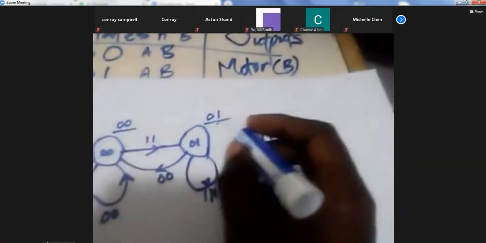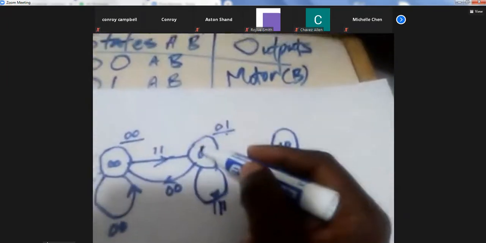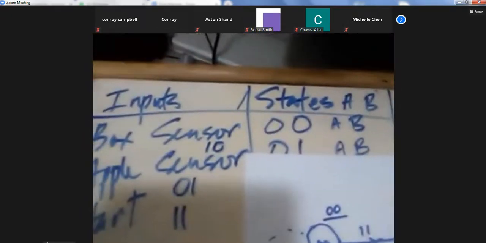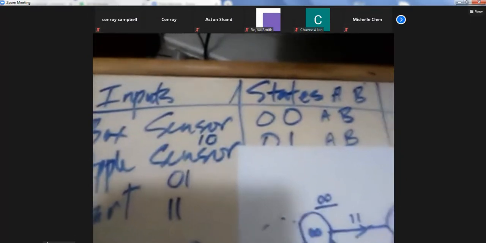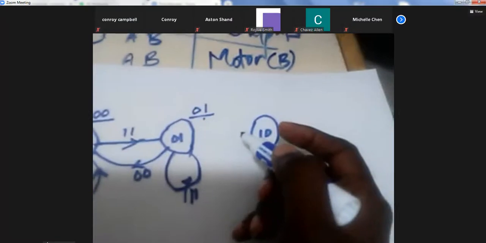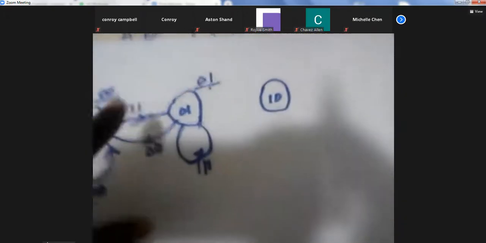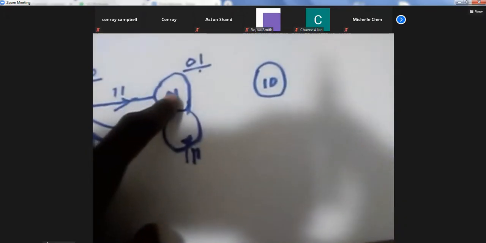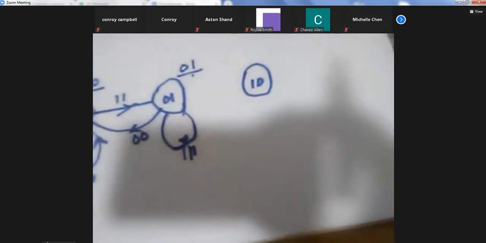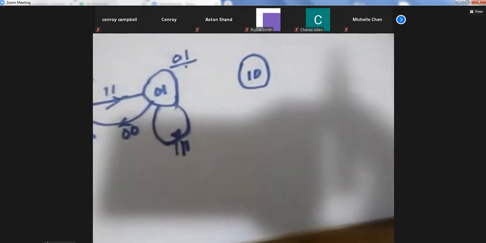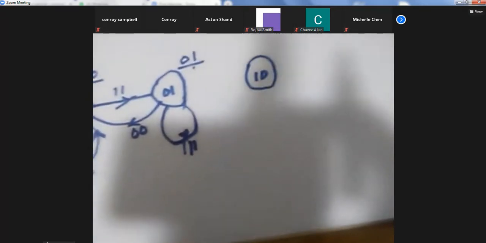And what about when the box motor is running and the box sensor comes on? The box sensor means the box reached the right spot. So what is to happen there now? The box motor, this 0, 1. So the box motor is running, so it carries the box to the position, and the box sensor comes on to say, yeah, it reached the right position.